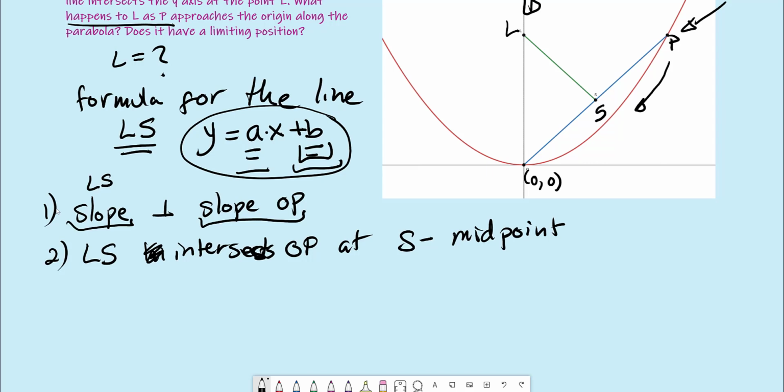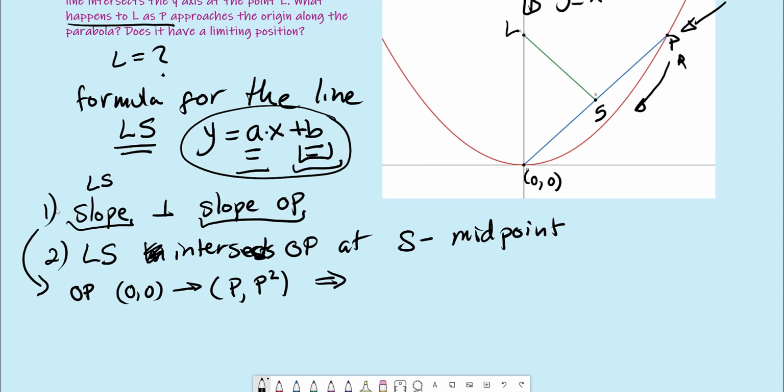Okay, so let's start with the slope. So how do we get the slope? Well, let's look at OP. What we know about OP is that it goes from the coordinate 0, 0 to the coordinate, well, we have x equals p, and that means that y is just p squared, because that is the formula for this parabola, y equals x squared. If we know these two points on OP, we can find the slope.